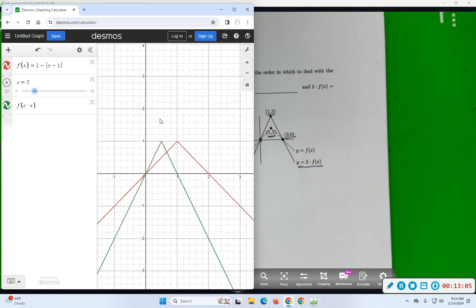Take a look at the red graph and then the green graph. What does it look like maybe relates them? How would you go from red to green? I kind of moved the x-intercept to the left.